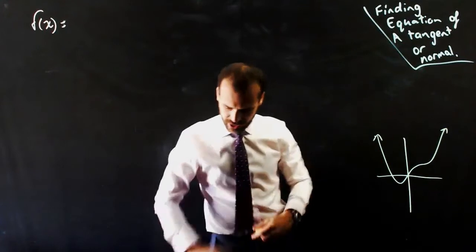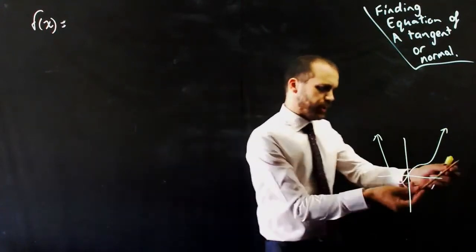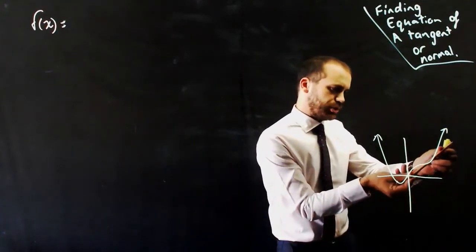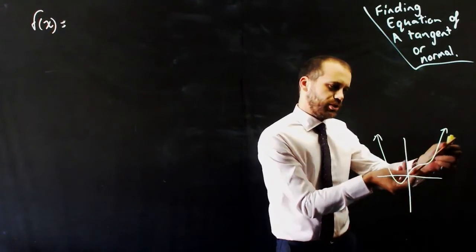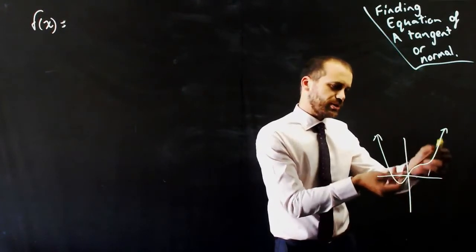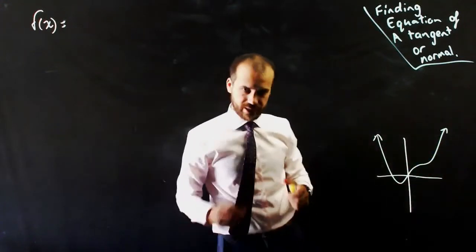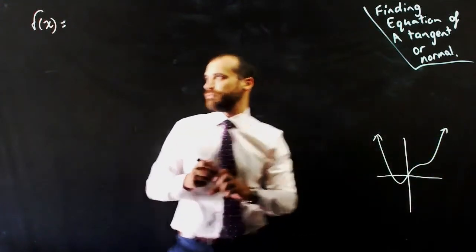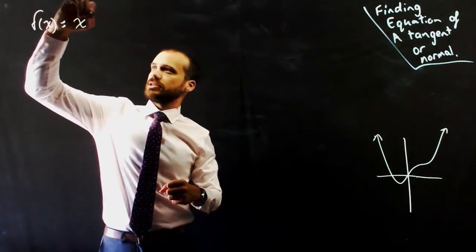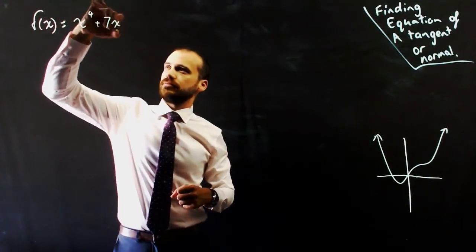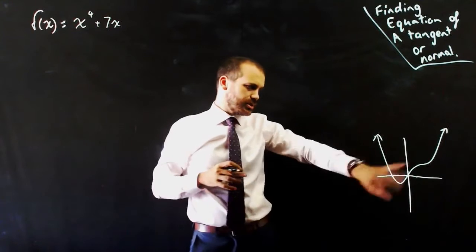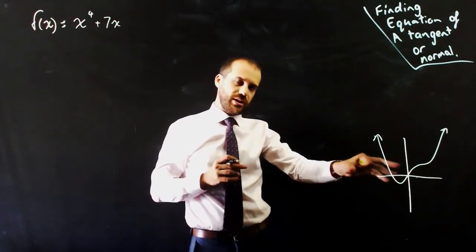I'm going to find a line that touches the graph, okay, just touches it, doesn't pass through it at multiple points, just passes through it at a single point. That is a tangent. Alright, so my function is going to be f of x equals x to the 4 plus 7x.